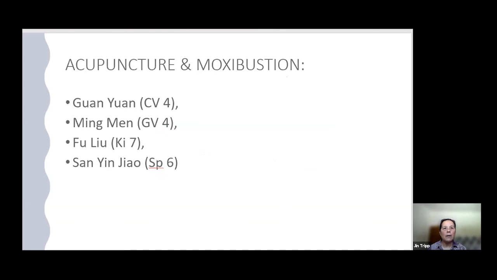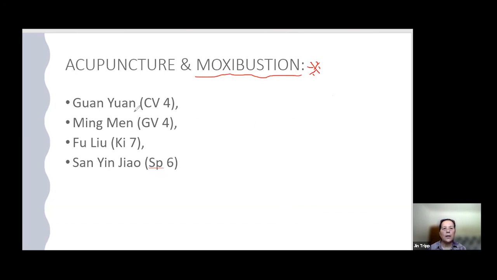So for spleen and kidney yang deficiency conditions: acupuncture treatment, moxa, food choice. Yang deficiency, always think about moxa. Warming, and very important, go to moxa.